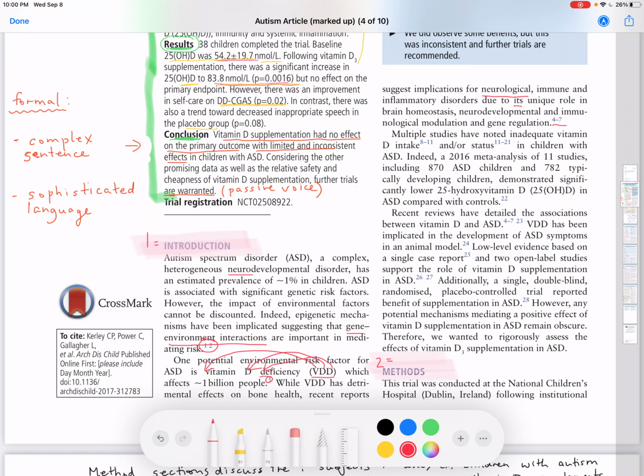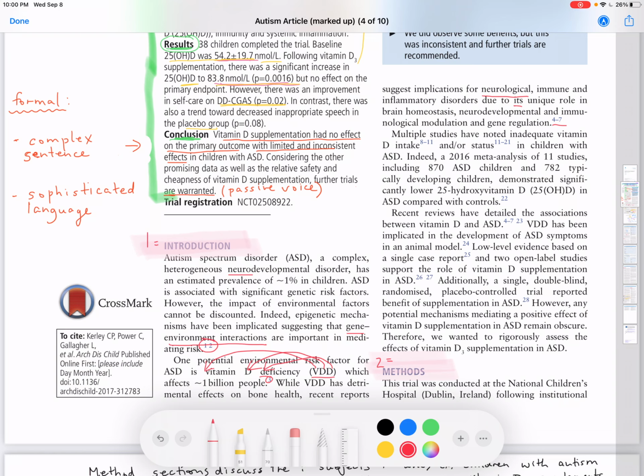Indeed, a 2006 meta-analysis of 11 studies, a meta-analysis, a super-analysis, an analysis that analyzed 11 published studies, which included 870 ASD children and 782 typically developing children. So that was a pretty big analysis. The authors of that study analyzed 11 published studies statistically to pull out the main results, the main trends.